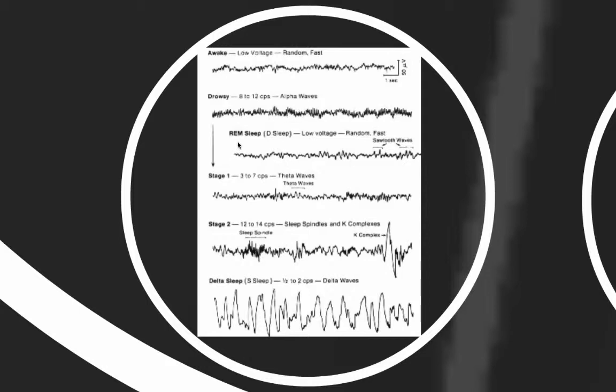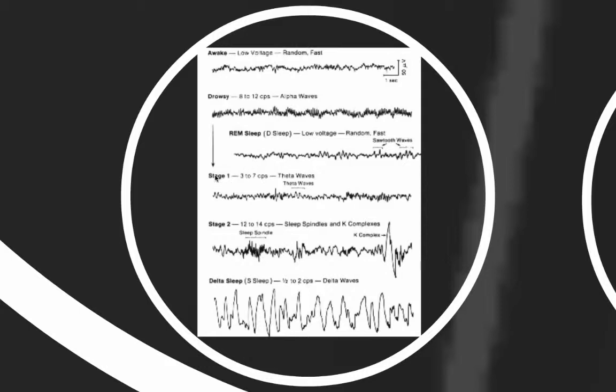During REM sleep, you see that the frequency goes down somewhat, but the amplitude stays very similar. So based on EEG, REM sleep looks very similar to the drowsy or wakefulness state. In fact, REM sleep is said to be the time where your brain is awake, but your body is asleep.